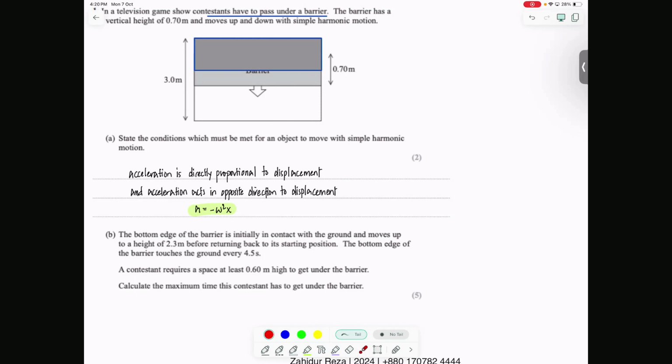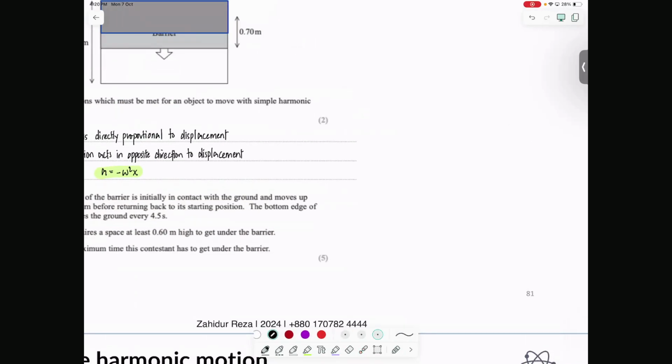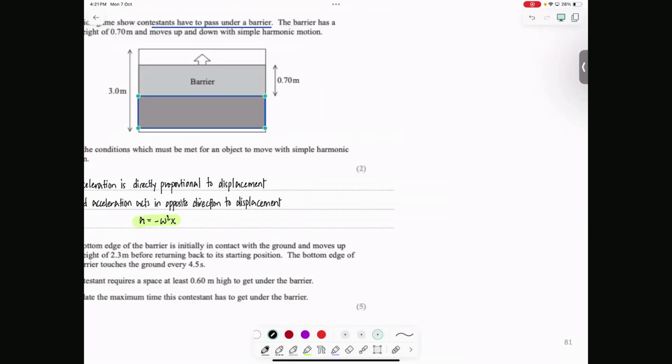Okay, let me try to explain what's going on here. So you have this system where this object is going up and down like that, right? And one very important point is mentioned here, which is why many people don't get the answer.